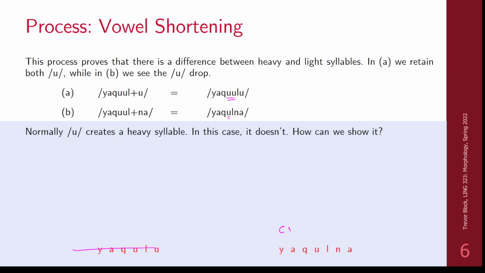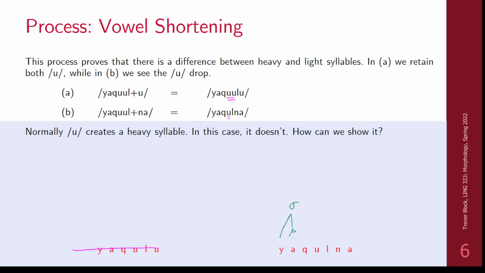So it's CV, C, V, V, C, V. Is that correct? Sorry. Let's just draw the moraic structure without worrying about the CV tier. So we have a light syllable to start.